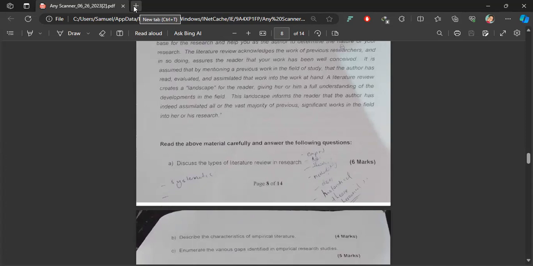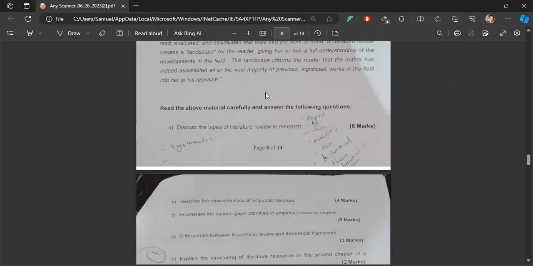Theoretical and empirical literature review. But there's been more modulations of literature review. For Unilars, they are just 2. We're just basically looking at the empirical and the theoretical literature review.